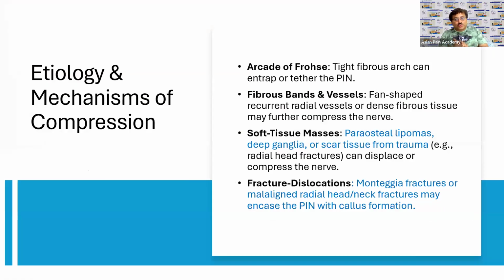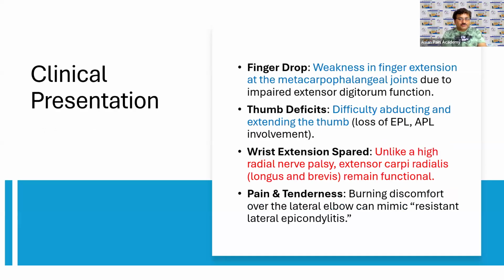For example, soft tissue masses like periosteal lipomas or deep ganglia, or scar tissue from trauma like a radial head fracture that can displace and compress the nerve. Fracture dislocations like Monteggia fracture, or a malaligned radial head or neck fracture, can also cause PIN compression with callus formation.